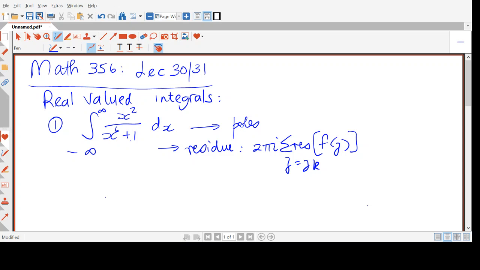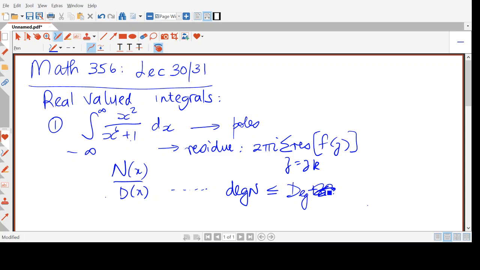Of course, the requirement here was that you have n of x, a numerator, divided by a denominator d, and this only works provided that the degree of n is at least 2 less than the degree of d.